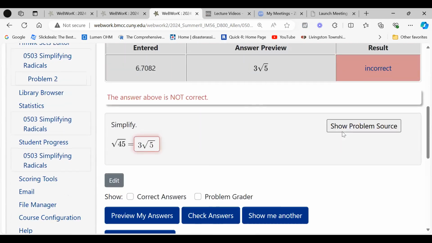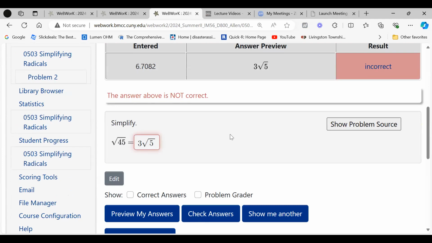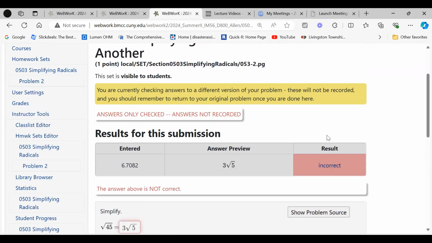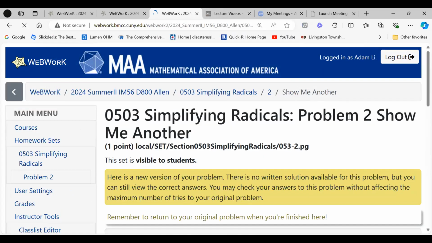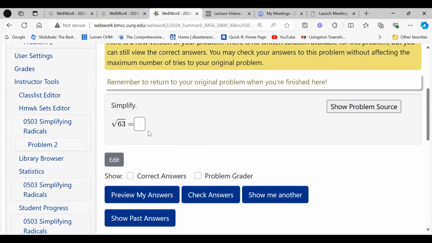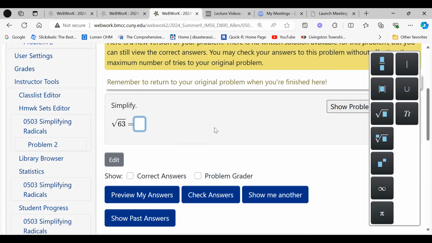It's a different version of the problem. Yeah. 3, yes, 3 square of 5. So for this one, with 3 square of 7.